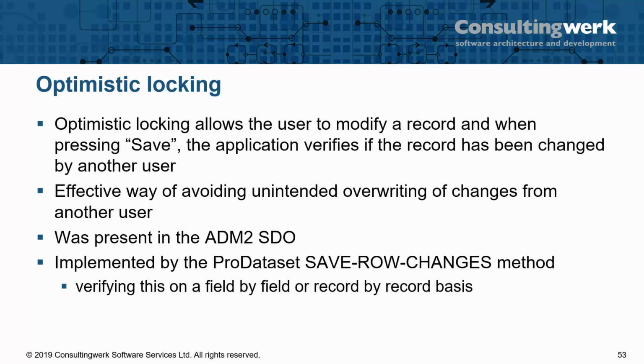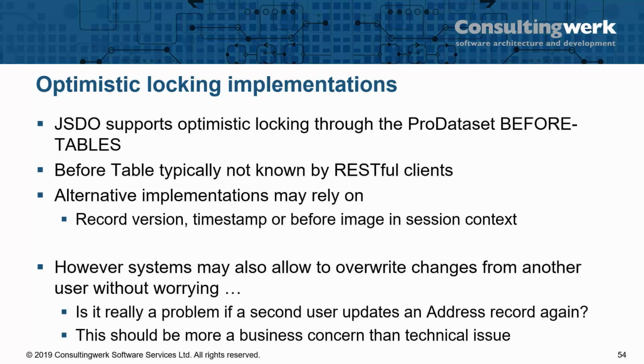And that concept has already been implemented in the ADM2. The SDO had a concept of that, and the ProDataSet with the SaveRowChanges method provides that too. And then if you put the JSDO on top of that, most of that optimistic locking just works with very, very little code you need to implement in the backend.